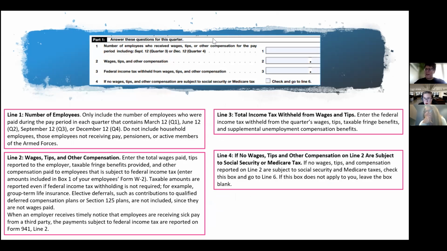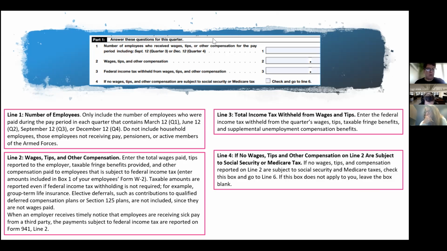If they had been paid as of the 12th of September, you're going to include them. Say they got hired on the 12th, but they haven't been paid yet, you're not going to include those people, even though they may have worked.